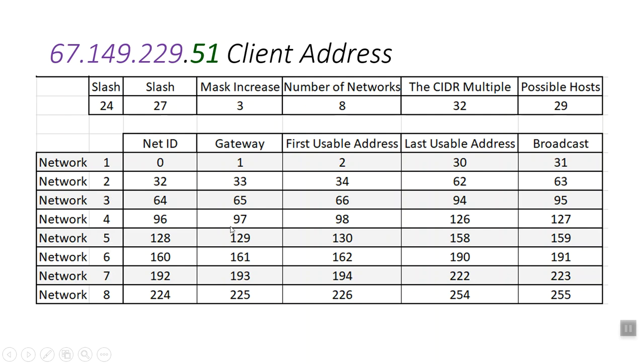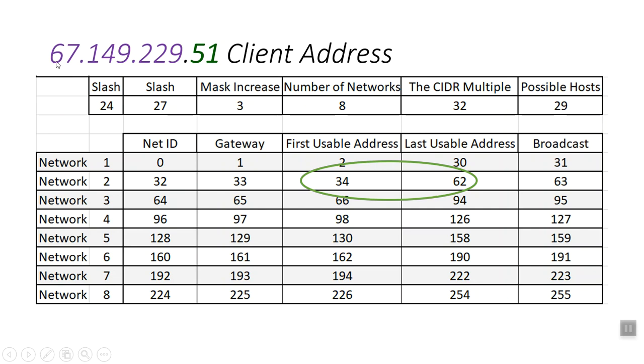And what we want to do is look at this client address, because when we see this client address, we want to determine which network would accommodate this client address. It turns out that network number 2, whose first usable client address is 34 and last usable client address is 62, is our point of reference.